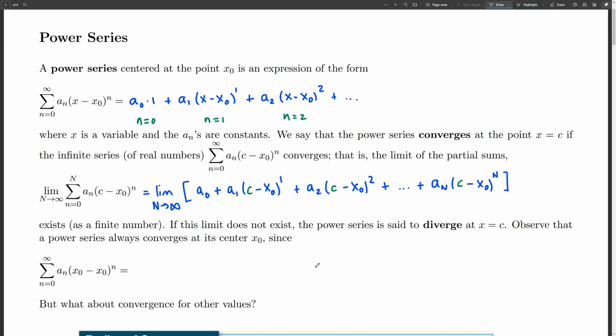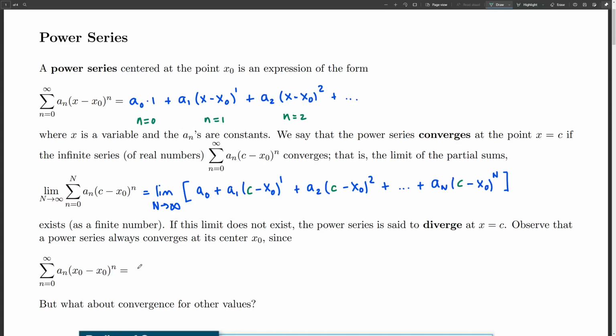Now observe that a power series is always convergent at its center x naught, because if we plug in x naught for x, we get the following power series: sum n equals 0 to infinity of a sub n times x naught minus x naught to the power n.